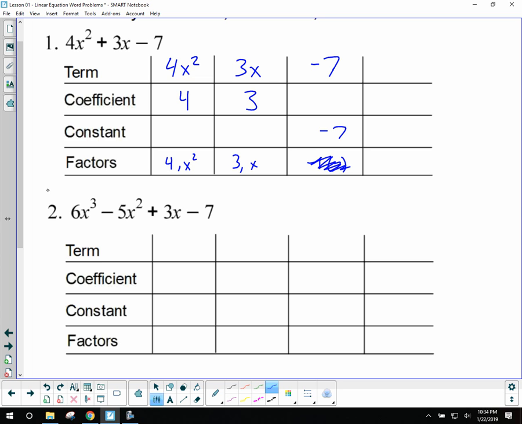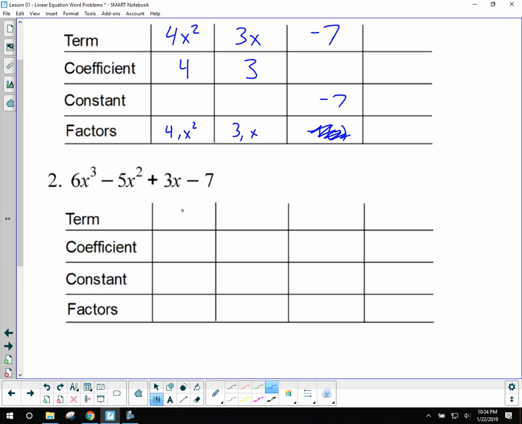Number 2, you should have 6x cubed minus 5x squared. Oops. We don't need that positive sign there. 3x and then -7. Coefficients, 6, -5, don't forget the negative.